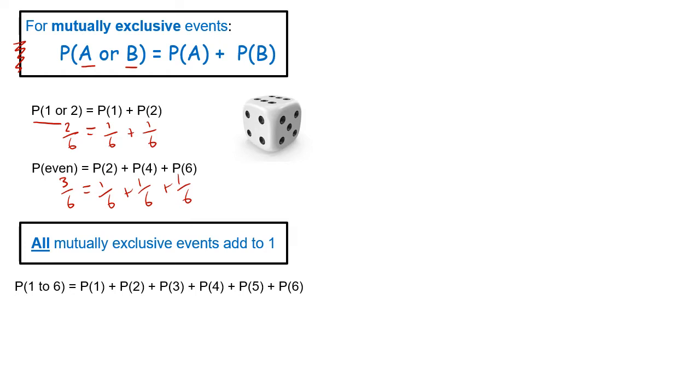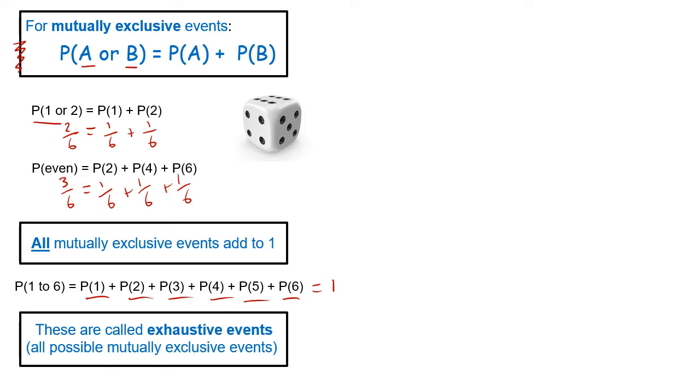So on a dice, all the mutually exclusive events are rolling one of the 6 possible numbers. So if we add those probabilities together, we'll get a 1. Remember, that means it's certain. It'll absolutely happen that it will be one of those numbers. Now, these are called exhaustive events, so all possible mutually exclusive events.